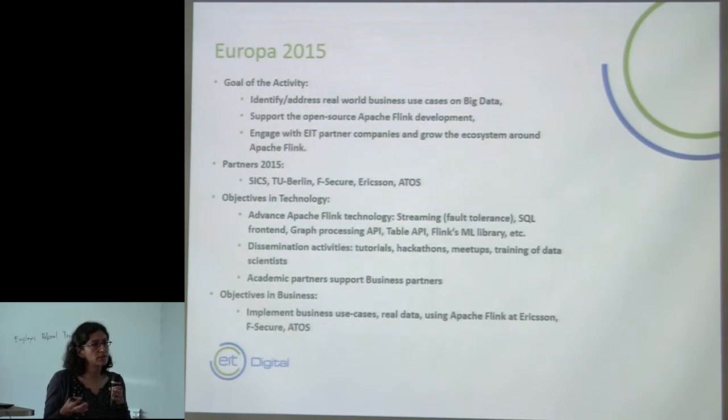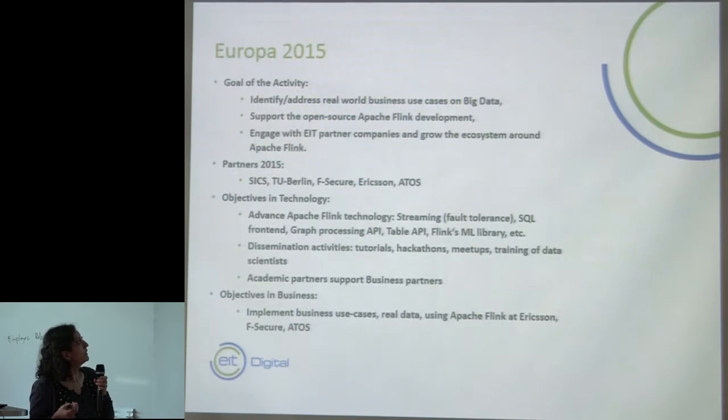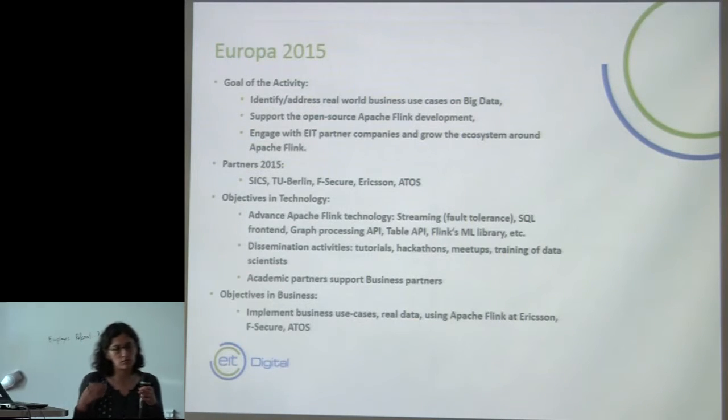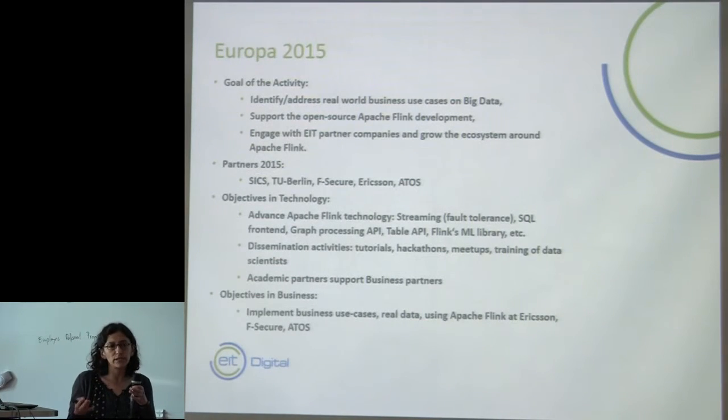On the technology trend, the Europa project has given strong support to the open source Apache Flink, especially at the beginning of the project, and then in the last 2 years it has focused a little more on the business-oriented part. Business-oriented means that the idea is to make companies use Flink for solving certain problems in the companies.